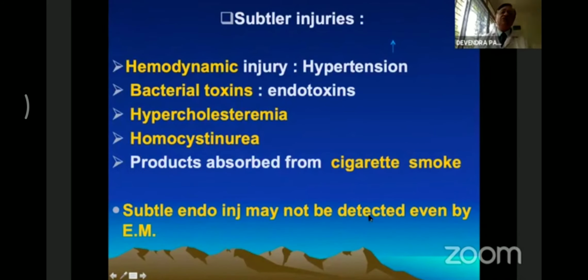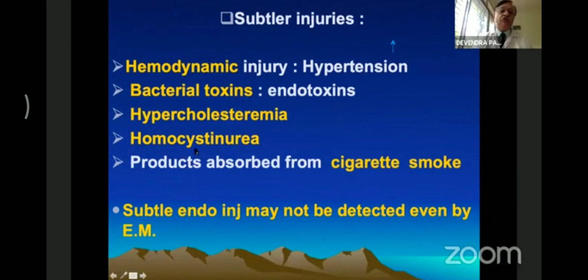Certain subtle injuries, like mechanical injuries, hypertension, blood pressure high for a number of years, are going to cause subtle injury to the endothelium. Similarly, toxins from bacteria. We all know high cholesterol causes problems, so hypercholesterolemia, and homocysteine, isn't it?